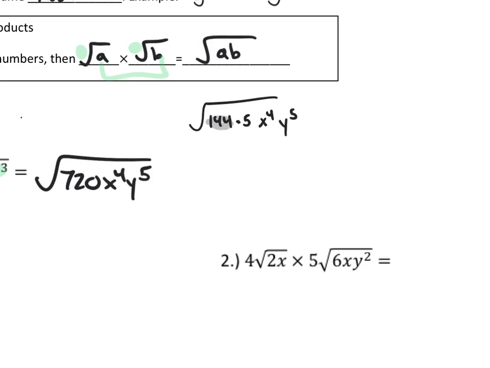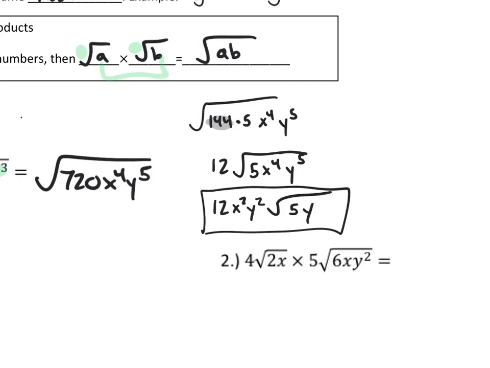We would square root the 144 to get a 12. The 5 would still be stuck on the inside. And then we'd do the dividing the exponents by 2. So we'd end up getting 12x squared, y squared, square root of 5y. Because there's one y left over after I divide that 5 by 2.